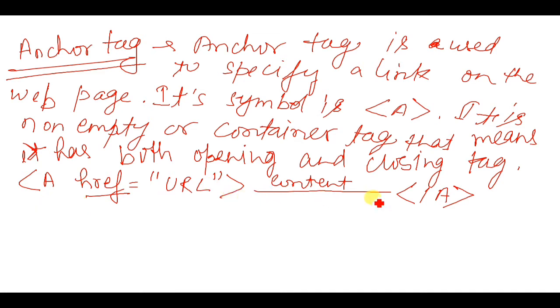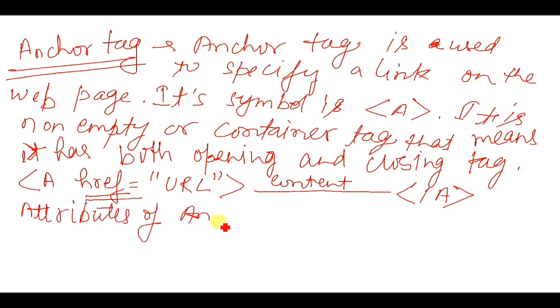The content on which, when we click, we jump to the URL of the document. Inside the anchor tag the content will be highlighted, and when we click upon the content, we jump to the URL specified for the web page or document.